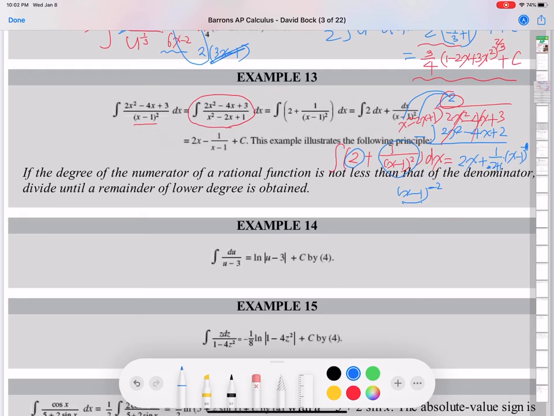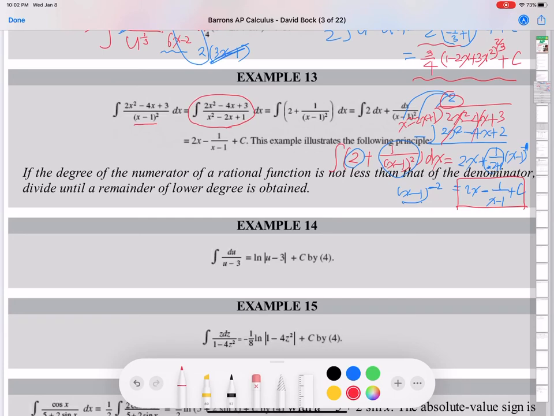The derivative of x minus 1 is just 1. So you directly do this. It's okay in this case. So what is the answer? 2x and minus 1 over x minus 1 plus c. This is the final answer.